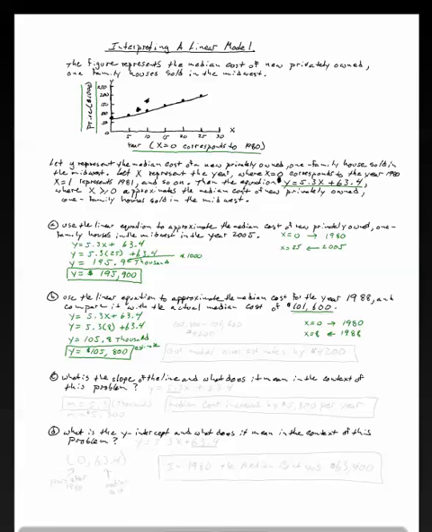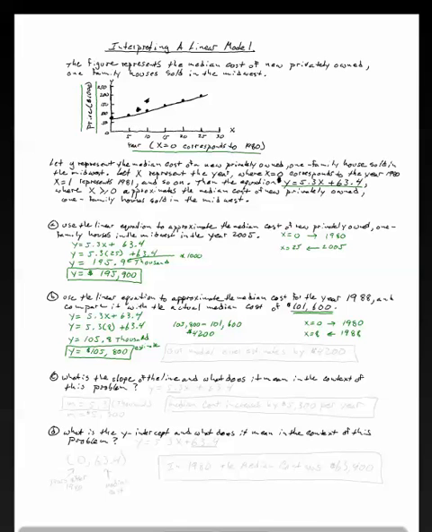We now want to compare that to the actual, so we just subtract to find the difference. 105,800 minus what we know was the actual median cost, 101,600. And when we subtract, what we get is 4,200. So there's a difference between our estimate and the actual value of 4,200.